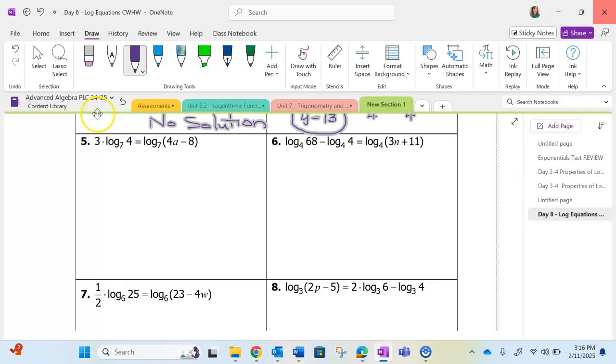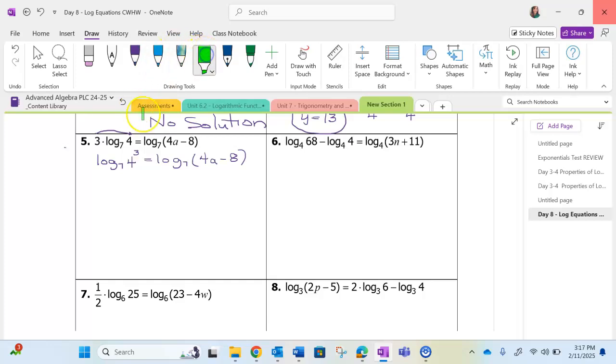Now, remember from last week, when there is a number in front of the word log, it becomes the exponent. So this becomes the log base 7 of 4 to the 3rd power equals, nothing happens here, just going to rewrite it, log base 7 of 4a minus 8.